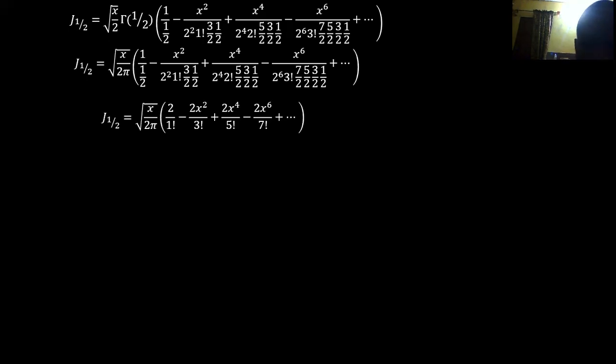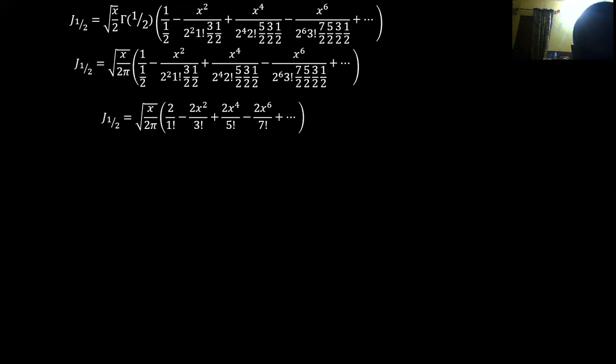Then if I factorize, I have the Bessel function of order 1/2 equal to x divided by 2 pi, and then my 2 can go out. I have 2 divided by 1 factorial, minus 2x squared over 3 factorial, plus 2x^4 over 5 factorial, minus 2x^6 over 7 factorial. Then I want to make the powers of x the same as the factorial in the denominator.